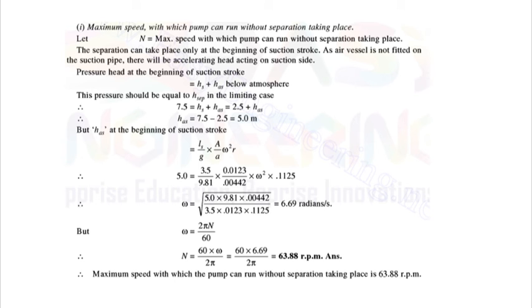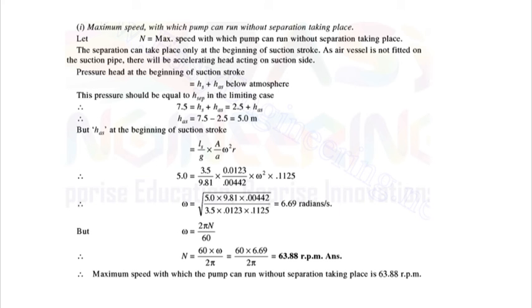So pressure head at the beginning of the suction stroke. We all know that if acceleration or retardation is taking place in any stroke, in that condition suction head and delivery head change by its value. So at the beginning of the suction stroke, HAS, the accelerating head, is positive.